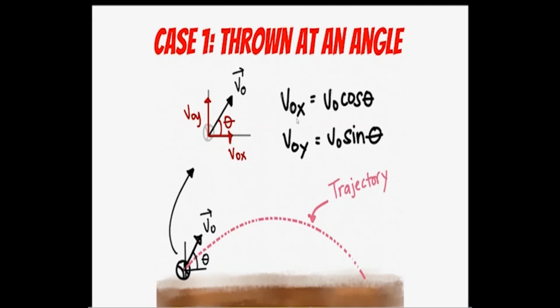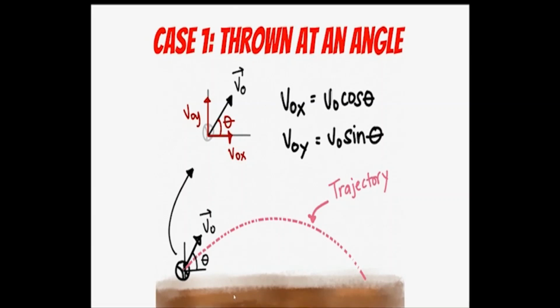V sub 0x is the adjacent side, therefore, V sub 0x is equal to V sub 0 cosine theta. And V sub 0y, this one, is the opposite component, therefore, we will use sine theta, making the equation for our V sub 0y equal to V sub 0 times sine theta.